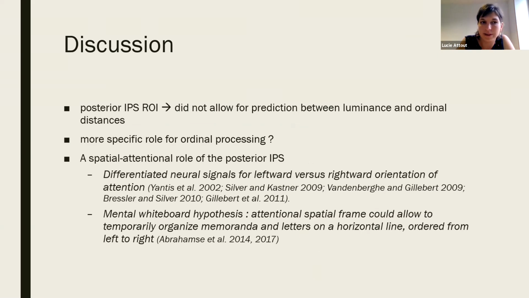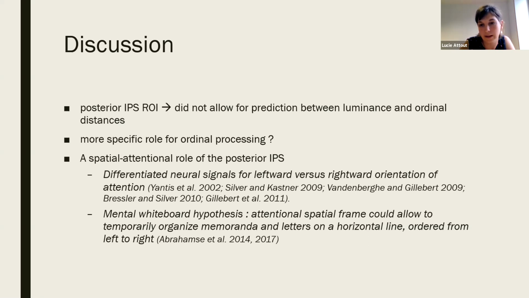And another interesting result is that the posterior IPS didn't allow for prediction between luminance and ordinal distance. So it seems to have a more specific role for ordinal distance. An interesting assumption could be that this region would have a spatial attentional role, since previous studies have found different neural signals for left versus right attention.